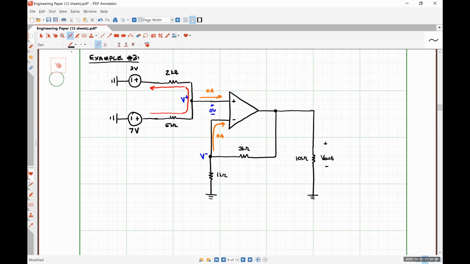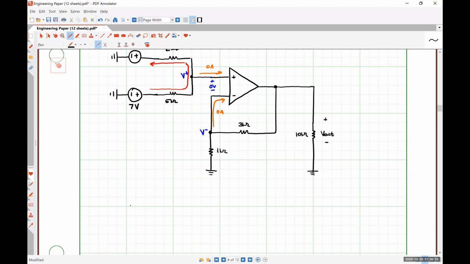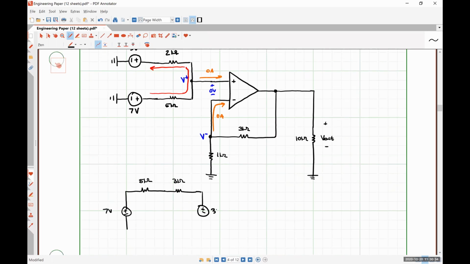So we can treat that section of the circuit as, let's see, here's our 5 kiloohm resistor. Here's our 3 kiloohm resistor. Here is our 3-volt source. Let's tie both of these guys to ground.